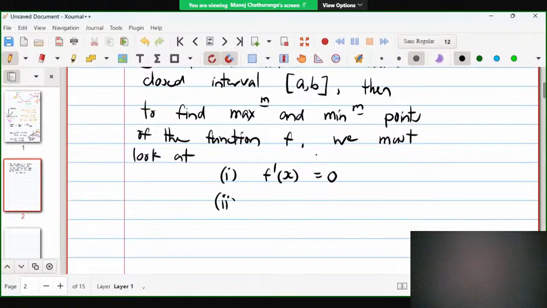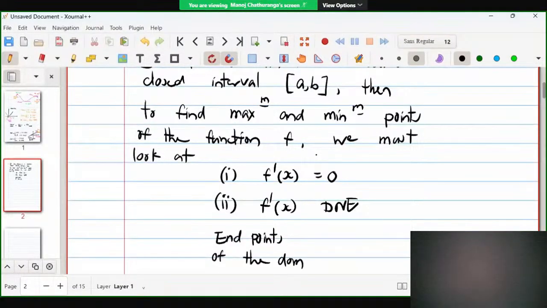Second point, undefined points of the derivative. These undefined points in particular include endpoints of the domain. So endpoints of the domain are actually included in these points.